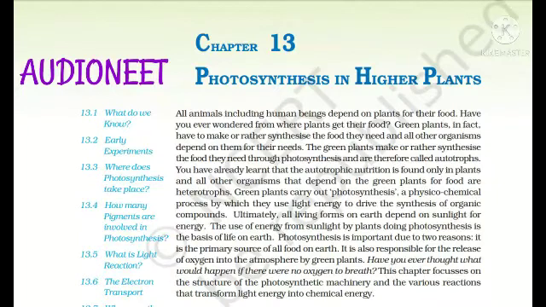13.2 Early experiments. It is interesting to learn about these simple experiments that led to a gradual development in our understanding of photosynthesis. Joseph Priestley (1733 to 1804), in 1770, performed a series of experiments that revealed the essential role of air in the growth of green plants.